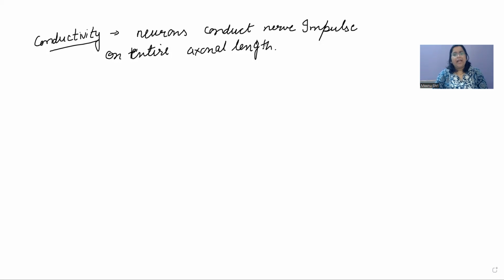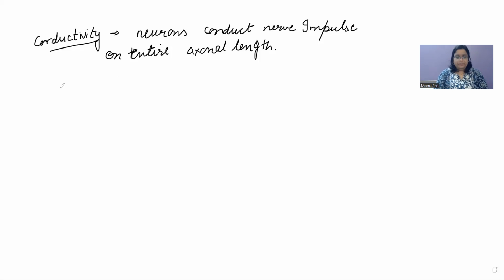Suppose any stimulus approaches the neuron, that neuron will conduct this stimulus, and with the help of the axonal membrane and via synaptic connections, these impulses will be carried forward or transferred to the next neuron or gland or muscle. This property is known as conductivity.